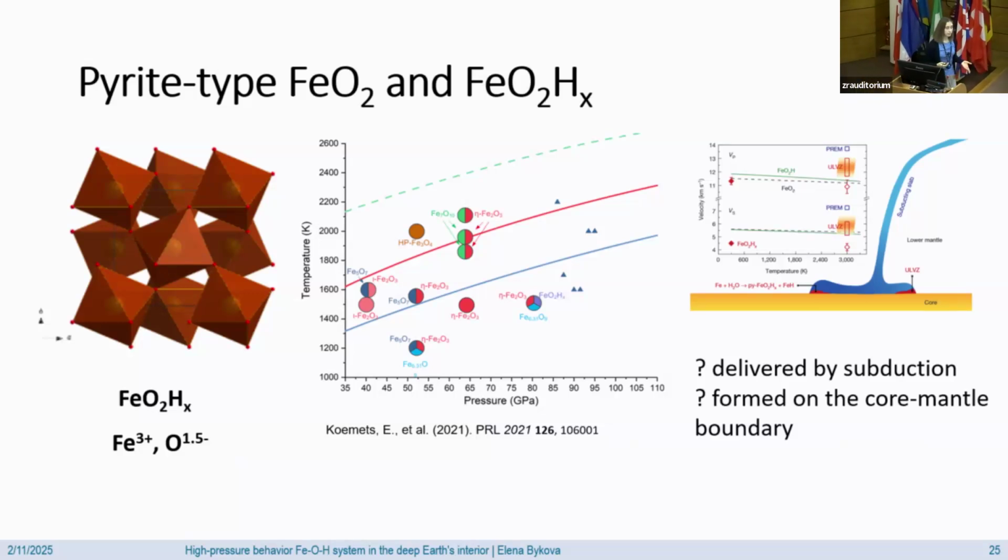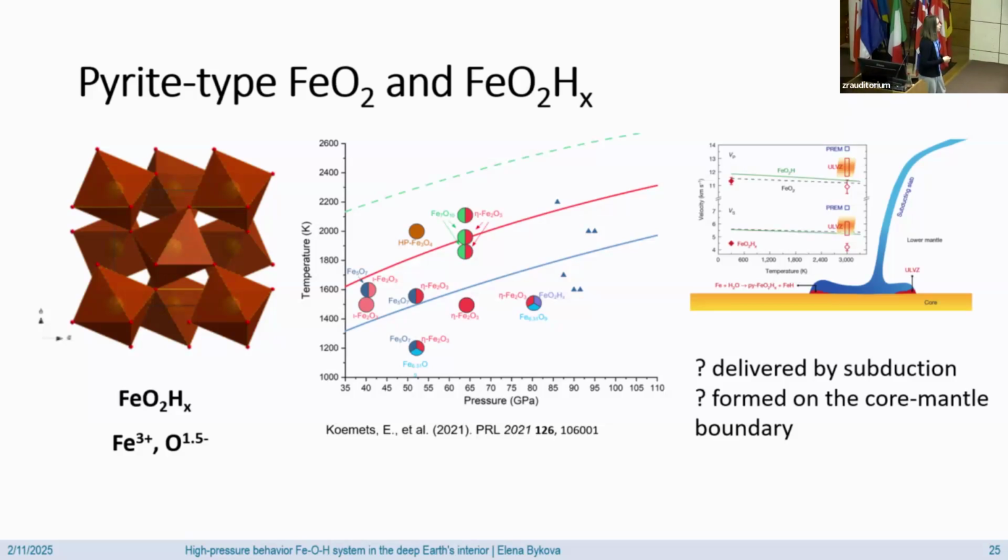And while in pyrite the iron oxidation state is 2+, several studies show that in the oxide pyrite structure, iron has oxidation state 3+. And oxygen then has a very weird oxidation state of 1.5-. But what's interesting for this compound is that it can also accommodate quite a significant amount of water in its structure.